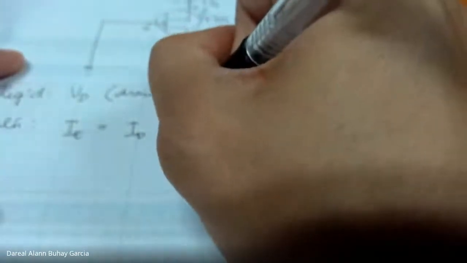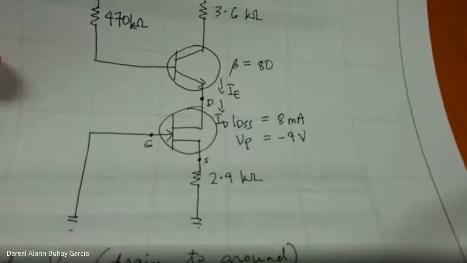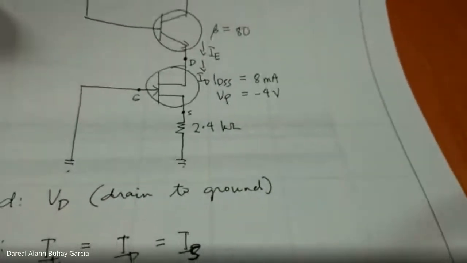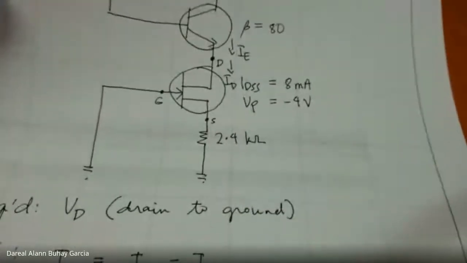We can set that first: IE is equal to ID. And we know that ID is also equal to IS for all JFETs. ID is equal to IS. I think this is one of the hidden things we need to establish.